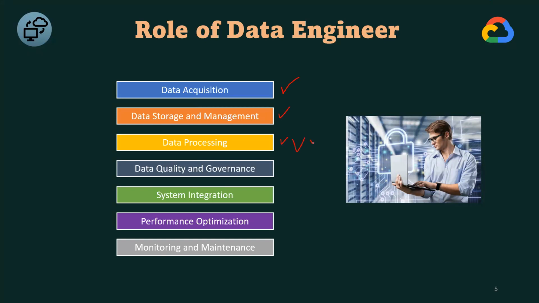Data processing is the important aspect, along with data quality, data integration, performance optimization, and monitoring activities. These are all the activities that the data engineer does on a daily basis. They're going to ask you in the interviews also: can you tell me your day-to-day activities? So these are the things that you are going to work on.